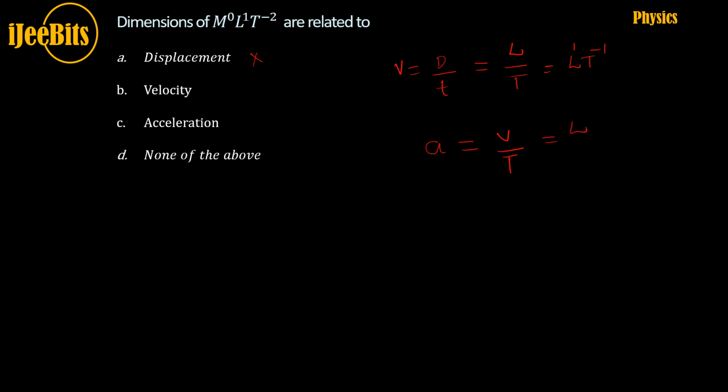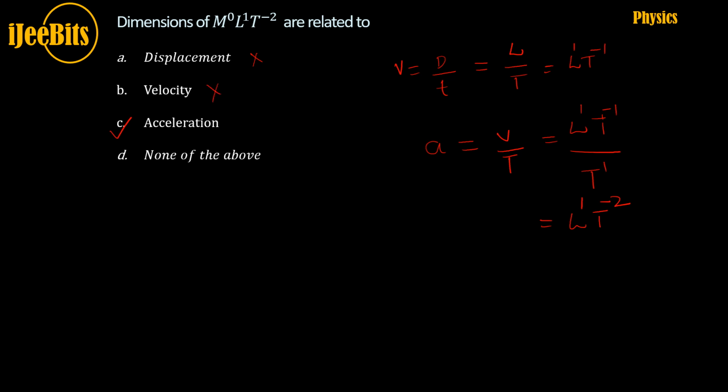Velocity we know is L power 1, T power minus 1, divided by T power 1. So L power 1, and then T power minus 2 is what is given. M is also 0. So M0 L power 1 T power minus 2 would be acceleration. So the answer is this one, right?